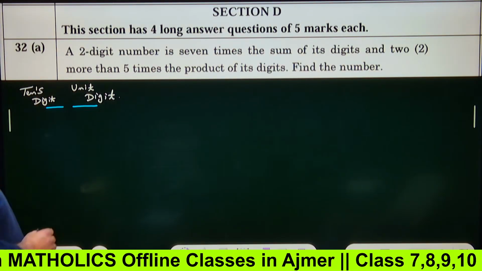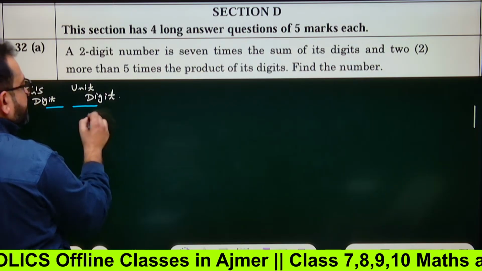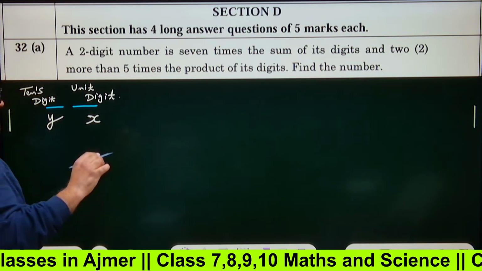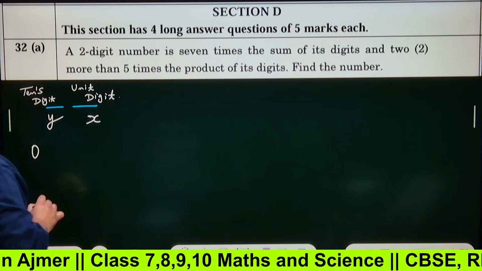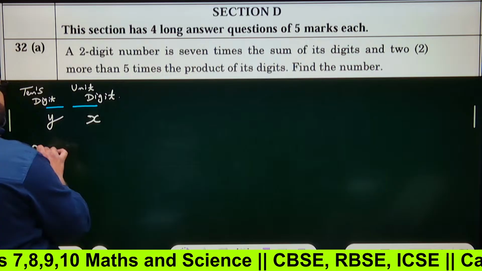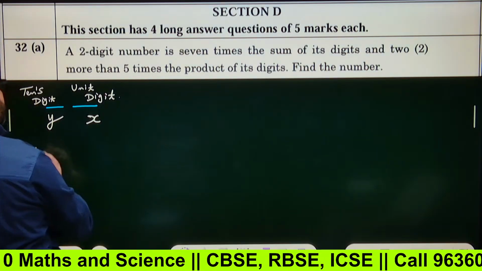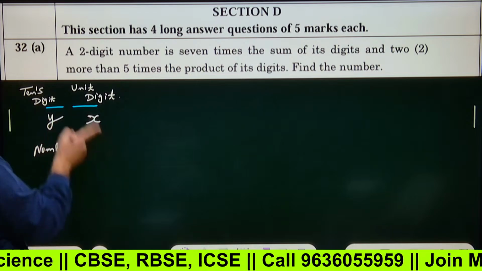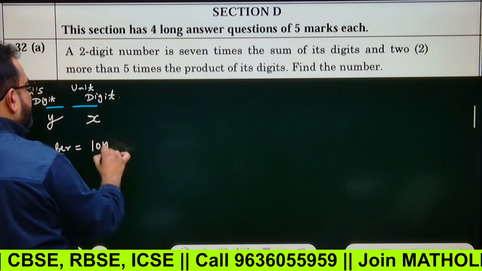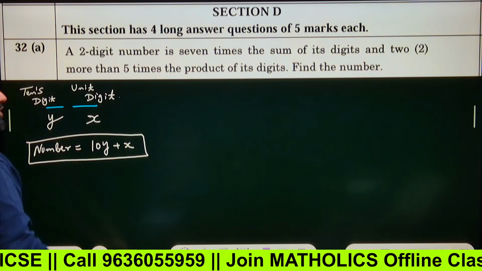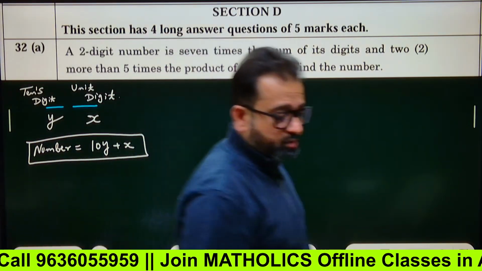So let the unit digit be x and the tens digit be y. So the number will be equal to 10 into the tens digit, means 10y, plus x. I guess you all must be knowing this concept, and if not, this is the right time to understand it.